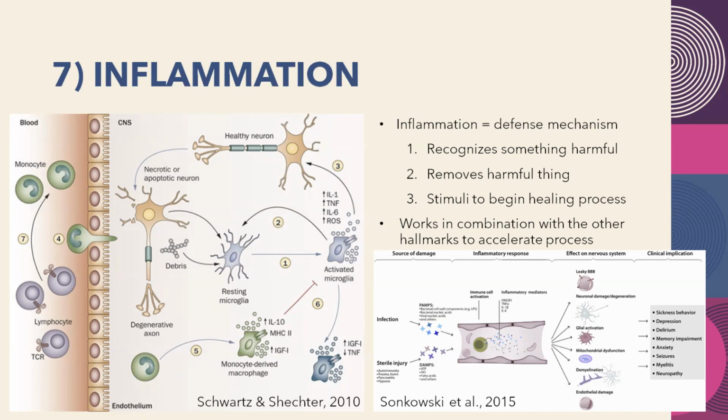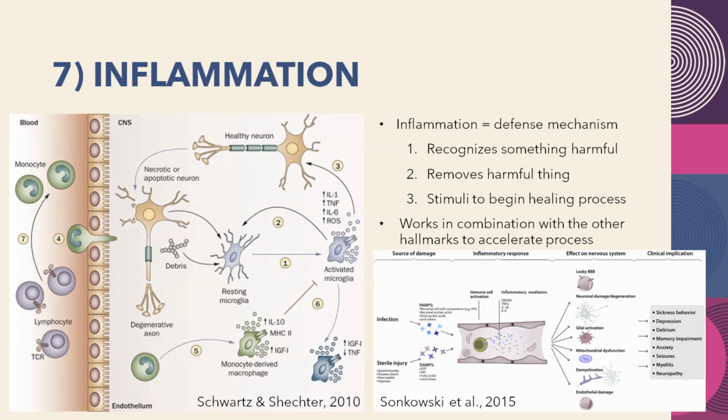So yes, T leukocytes are part of the adaptive immune system, I'm not saying they're not. But it's good to mention that inflammation is a defense mechanism of the body that causes the stimulus of a response to a specific thing that the body is recognizing as foreign.